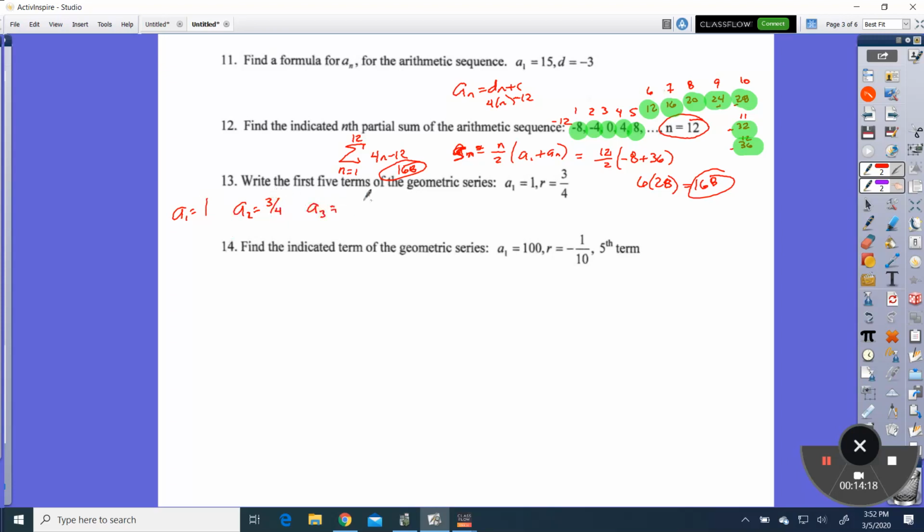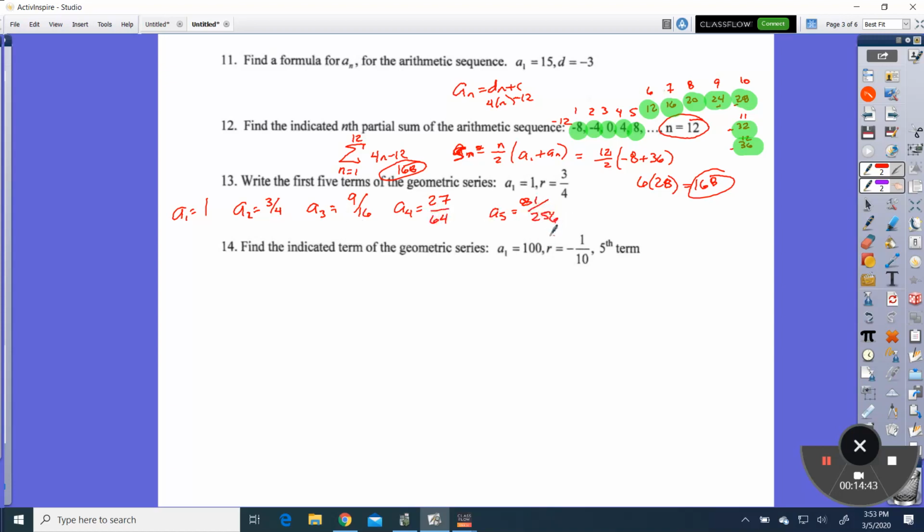So I multiply the top by 3, which makes 9. Multiply the bottom by 4, that makes 16. A4, I multiply the top by 3, that's 27. A5, I multiply 27 by 3, and that's 81. So that's the numerator. The bottom, I'm multiplying it by 4. So 16 times 4 is 64. Multiply that by 4, and it's 256.